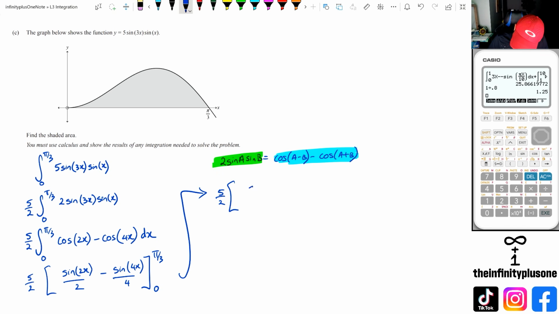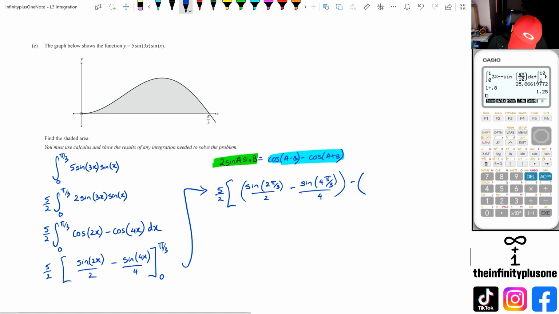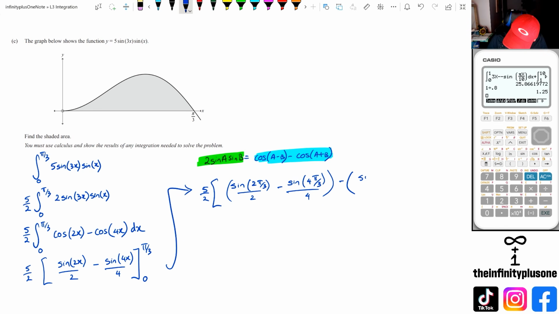The first bracket is going to be sine 2 pi over 3 over 2 minus sine 4 times pi over 3 over 4, and then that's going to be minus sine of 0 over 2 minus sine of 4 times 0 over 4.